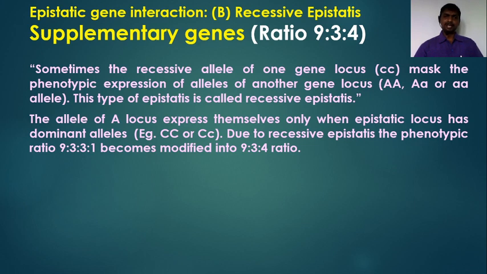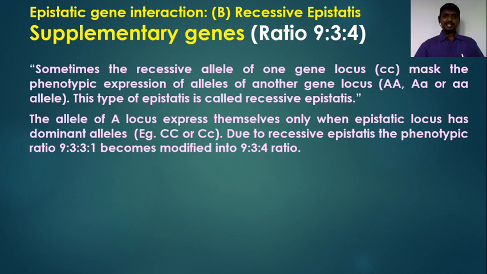In a nutshell, what happens? The recessive allele of one gene, that is small c, masks the phenotypic expression of another gene, that is capital A, small a or small a, small a. The alleles of the A locus express themselves only when the epistatic locus has a dominant allele. So it is different from dominant epistasis.